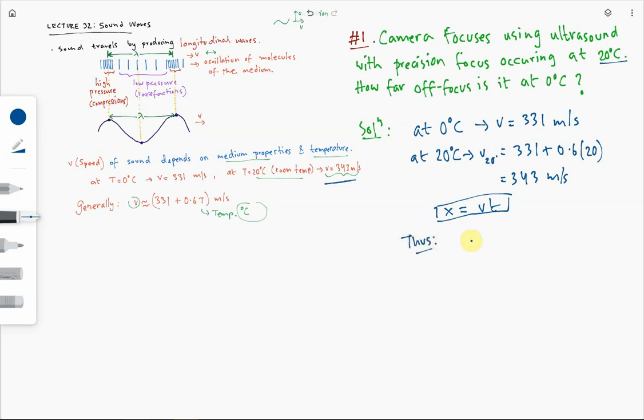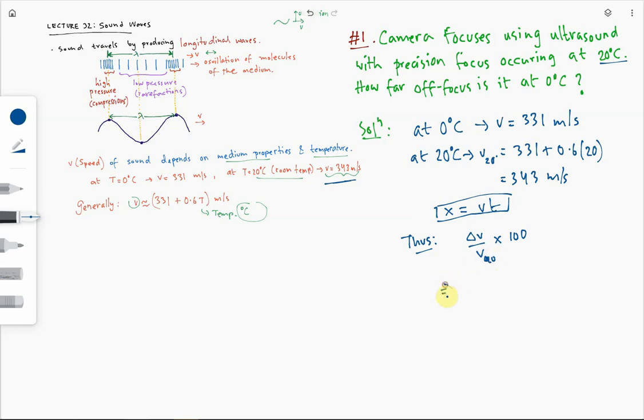So let's check out what the difference in speed is. The speed is different by, and we can calculate in percentages, change in V over V times 100. Now this is the original, or this is actually the V at 20. All right.